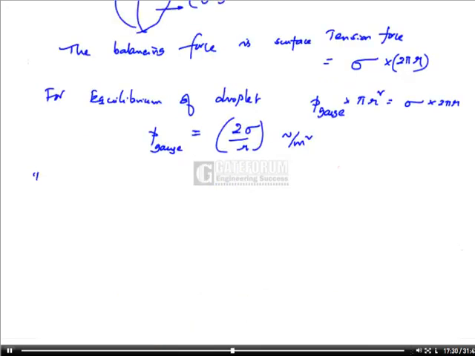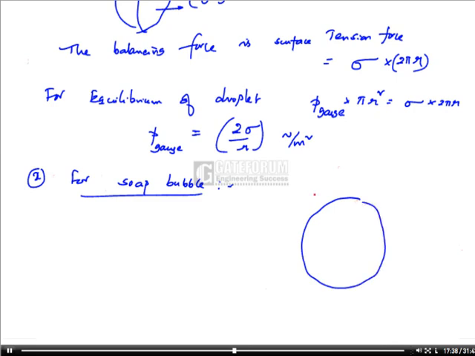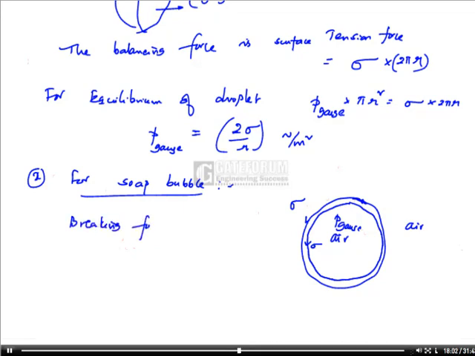Similarly, second case, for a soap bubble under static equilibrium, the bubble has two layers of soap, with air inside and air outside. This is P gauge. So surface tension is acting over two lengths. That is, the breaking force is P gauge into the projected area, pi r square, where r is the radius of the bubble.